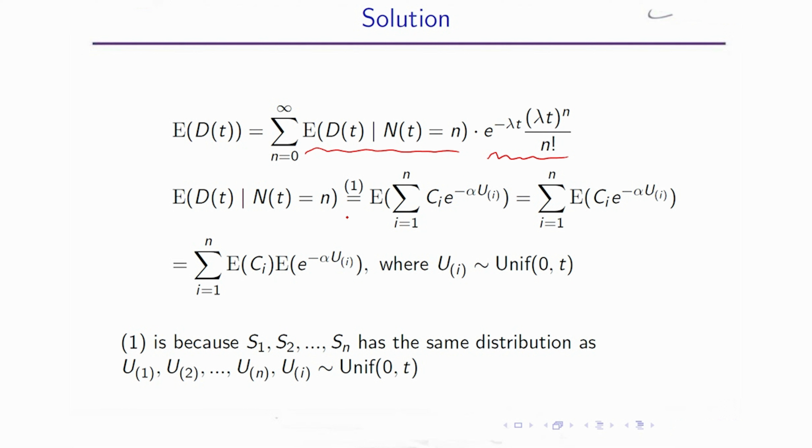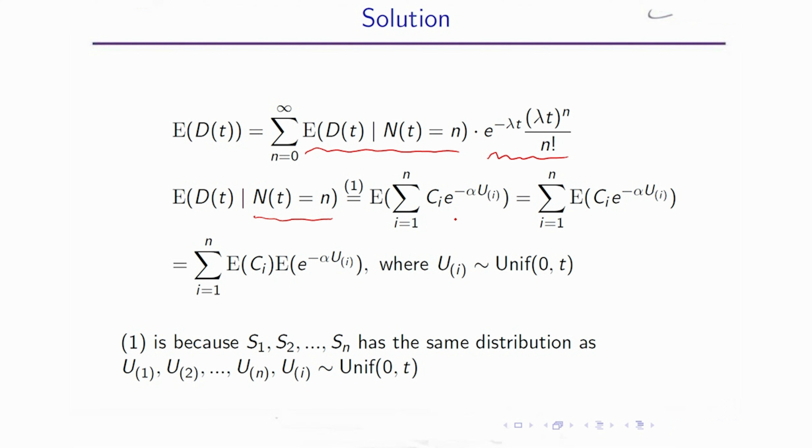Based on the proposition we learned previously, given the number of arrivals, Dt, the summation, is equal to the summation of Ci times e to the power of minus alpha U(i).